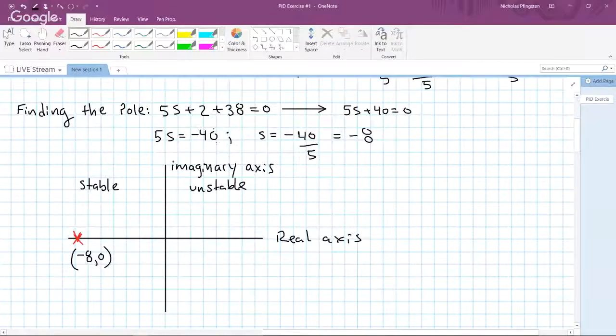Another way to think of this: if we were going to do the inverse Laplace, what would it be? It would be e raised to the negative 8 t.